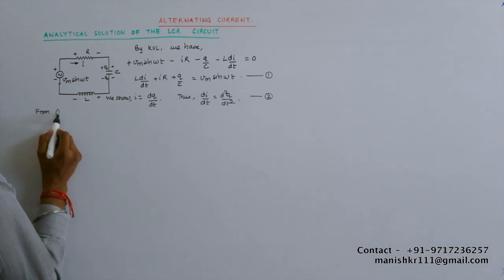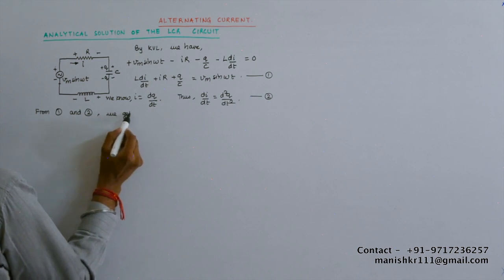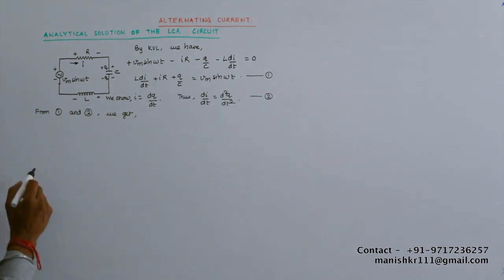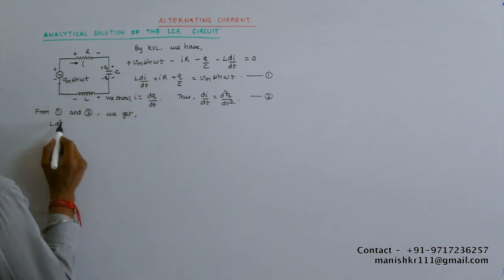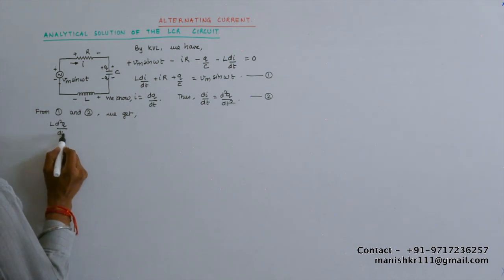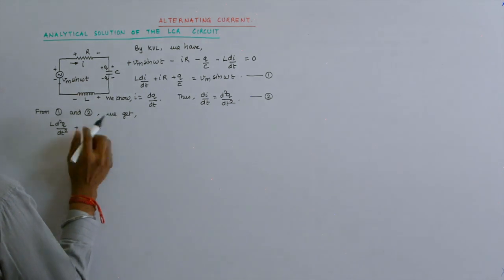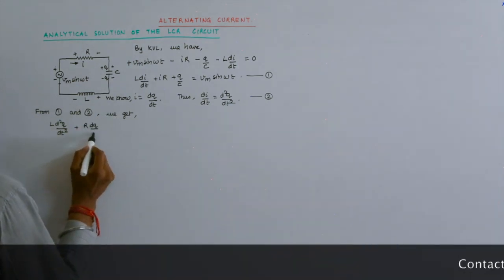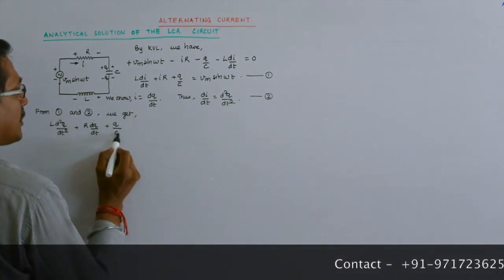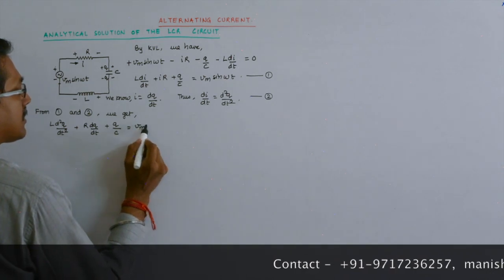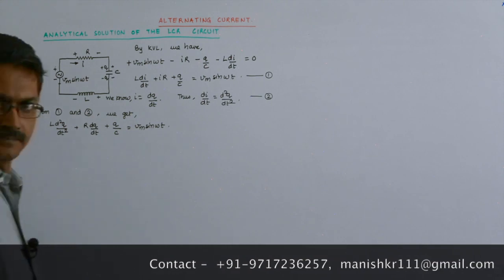from 1 and 2, we get, what do we get? We get L, in place of di upon dt, I am putting d2q upon dt square plus r into dq upon dt plus q upon c is equal to Vm sine omega t.